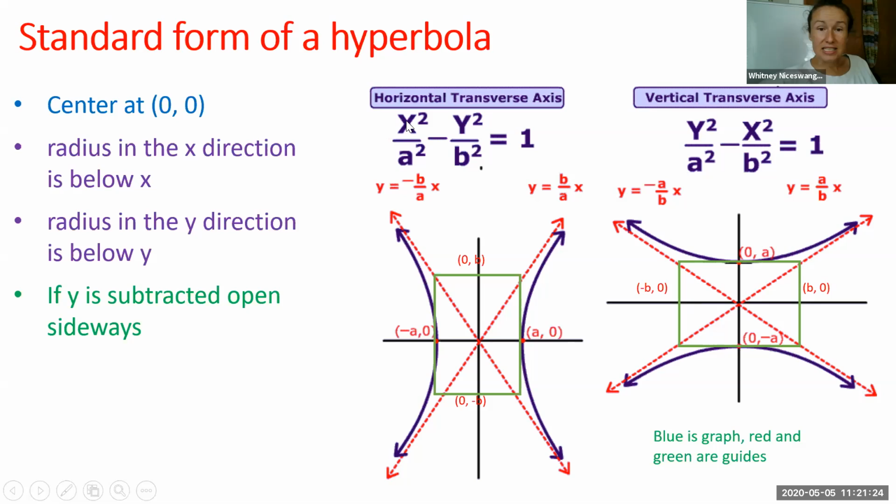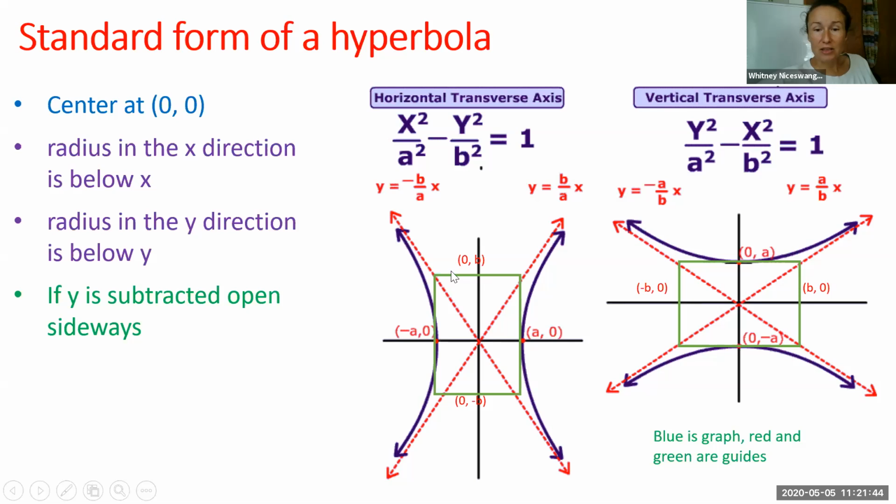This thing, x squared over a squared, has to be at least 1. So x has to be at least the size of a. Any x values that are smaller than a, that's these x values between a and negative a, can't be a solution to this equation.